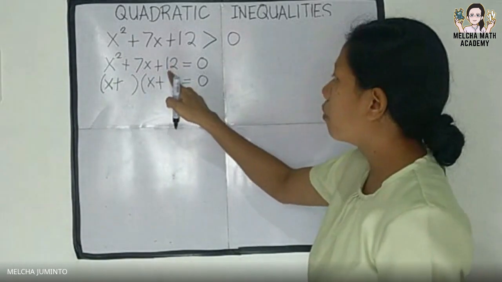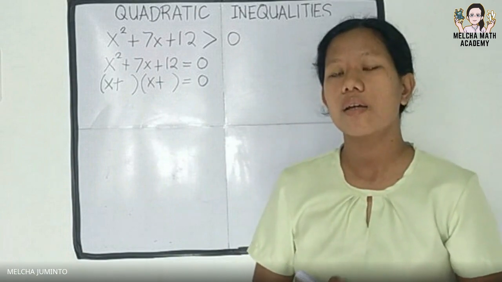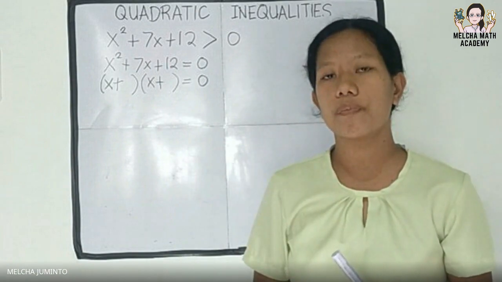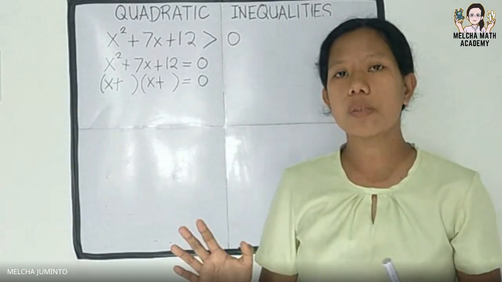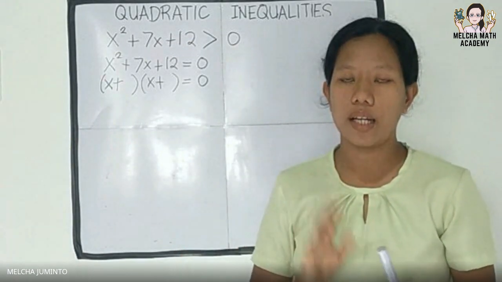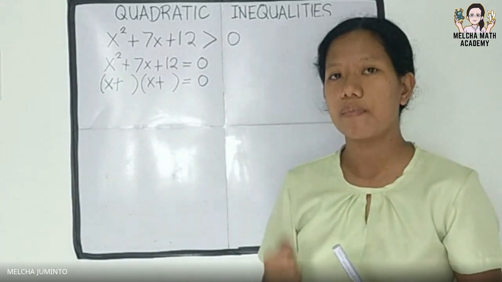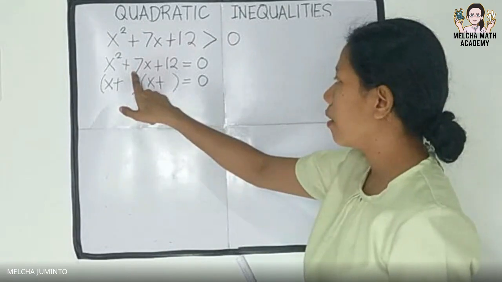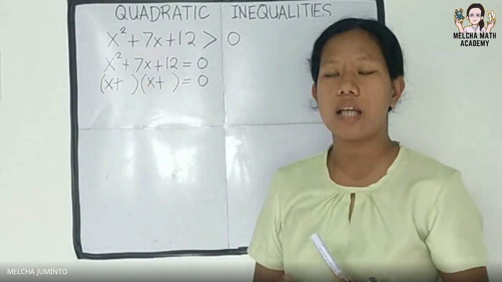Next, we have 12. 12 is a composite number with many factors. It can be 1 times 12, 2 times 6, 3 times 4. Among those pairs, we choose 3 and 4. Why? It is because of 7. Because only 3 and 4 can give us a sum of 7.